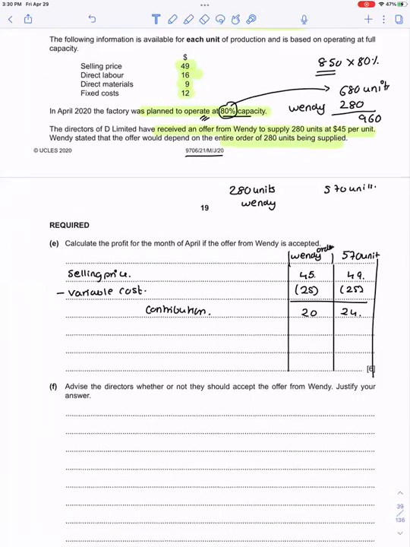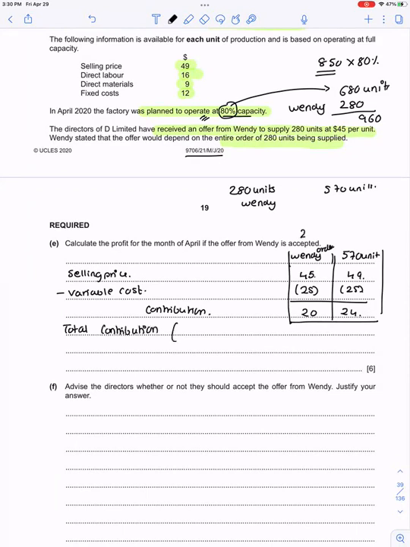Now I'll find my total contribution. So my total contribution would be, this is 280 units, so 280 into 20 plus 570 into 24. Are you with me?